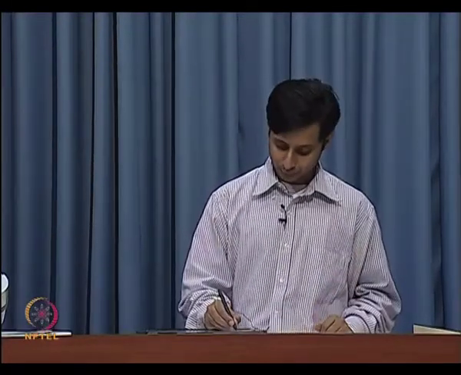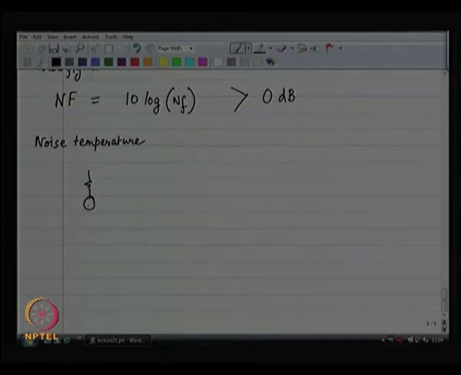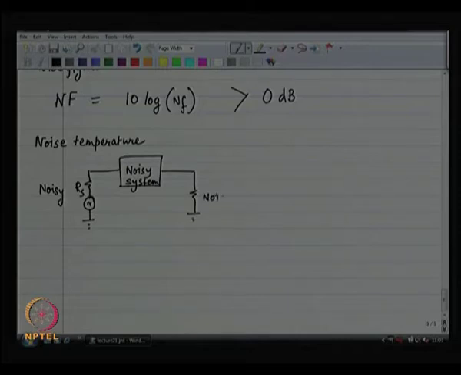So, it is like this. At the current temperature, I have a noisy source, and a noisy system, and of course, a noisy load also. I am seeing some output noise.